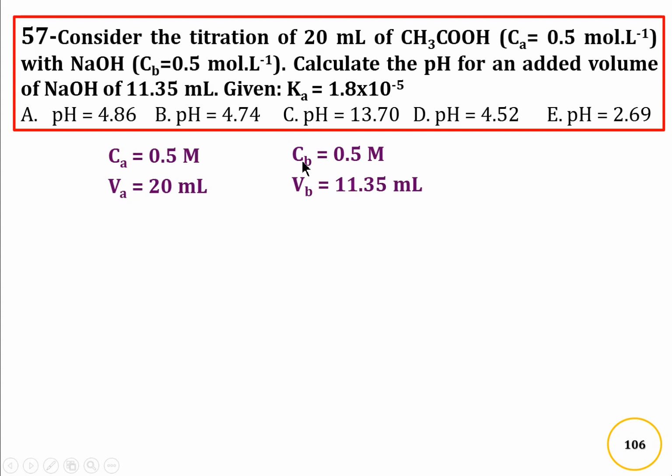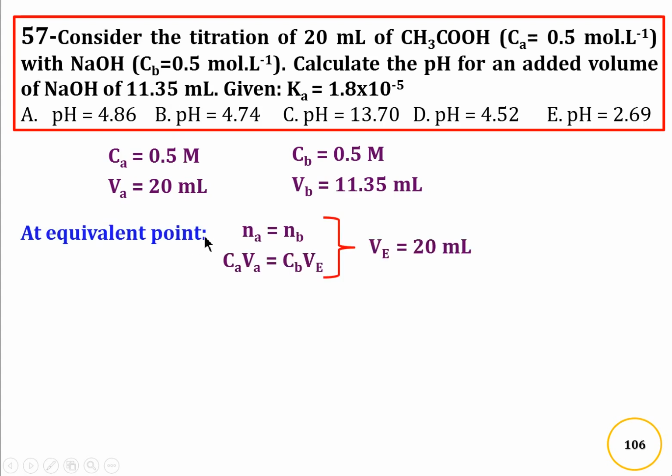We have the concentration of the base 0.5 molar and the volume added equal to 11.35. At equivalence, the number of moles of the acid present is equal to the number of moles of base added, so CAVA equals CBVE, and we calculated the equivalence point VE equals 20 ml.